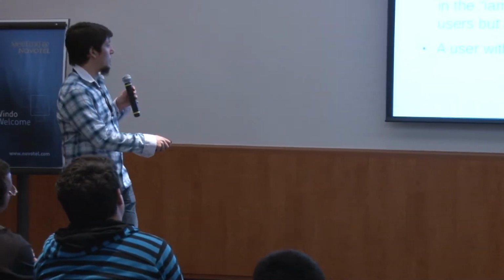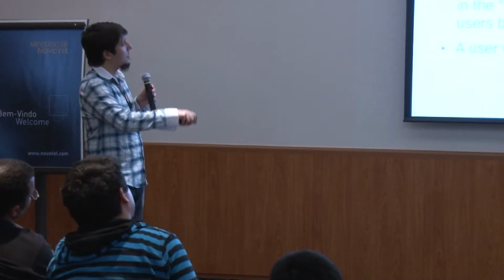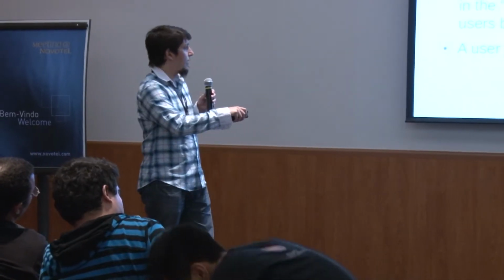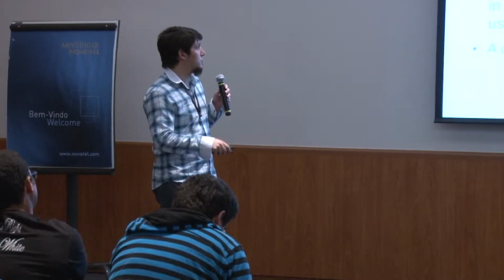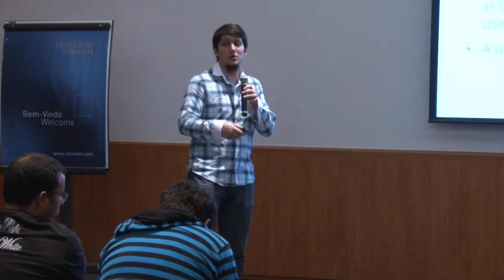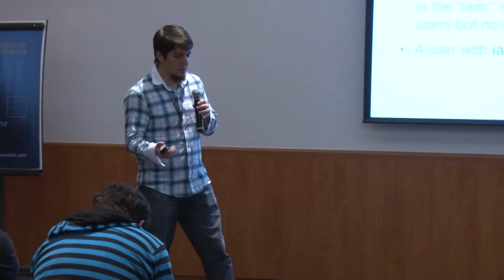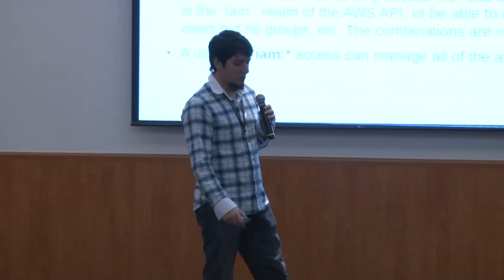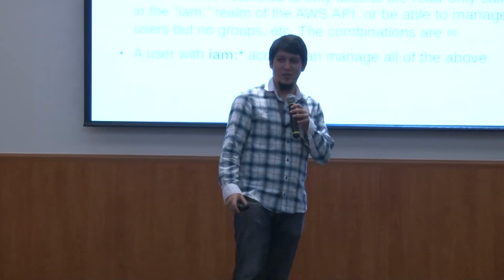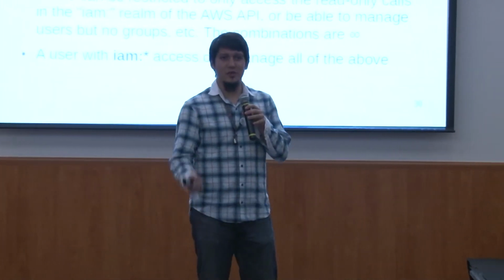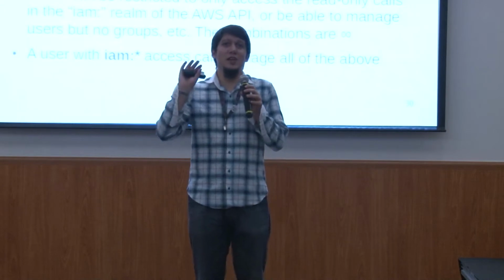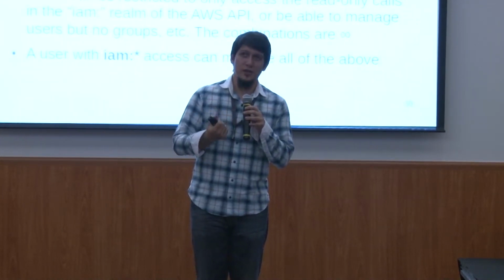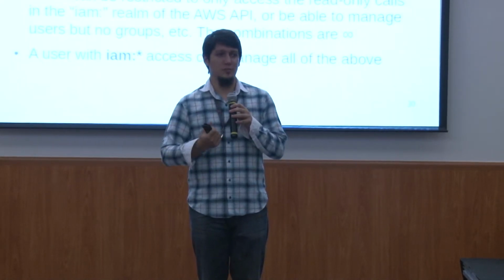And a user with IAM Star access can manage all of the above. So a user with IAM Star is able to, for example, create a new user and assign some permissions to that user. So that doesn't sound very secure, right? Because I have a user which only has access to creating other users and assigning permissions to other users.